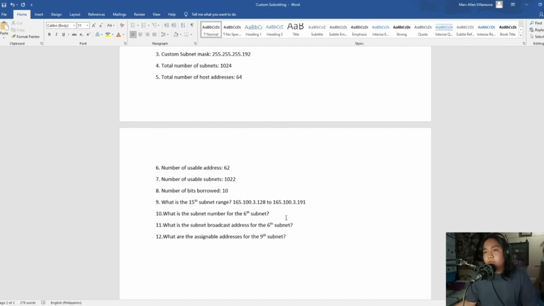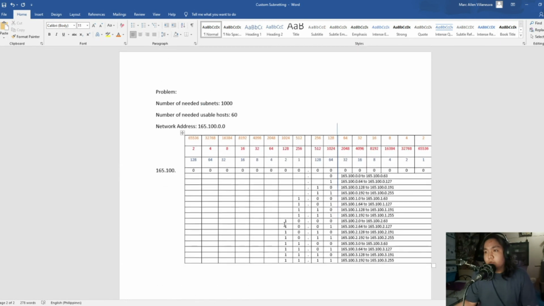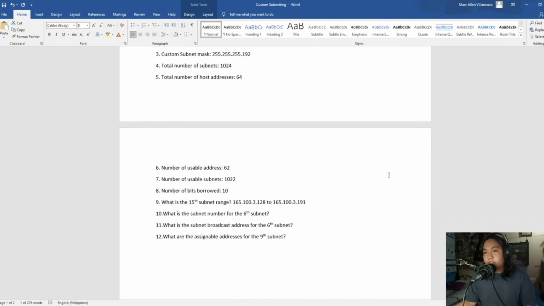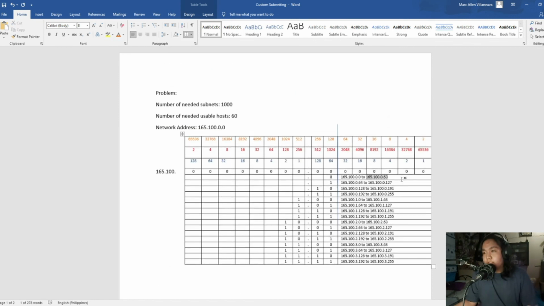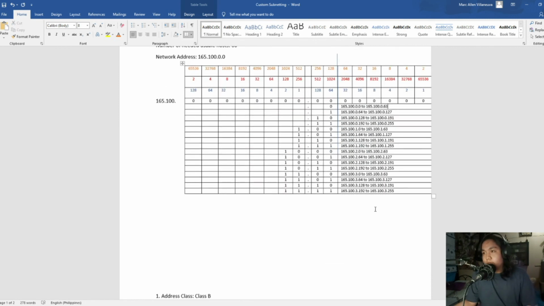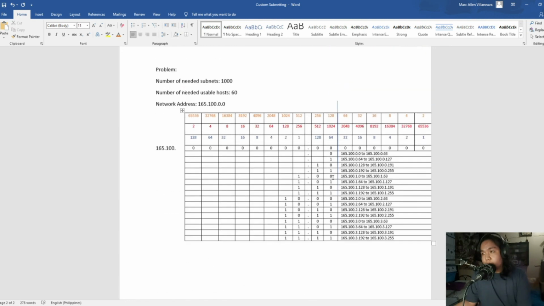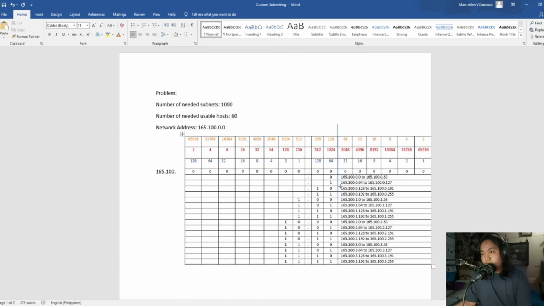Here is the next question: what is the subnet number for the 6th subnet? By the way, I forgot to tell you that this first one we call the subnets, and the second one is the broadcast address. Since in question number 10 they're only asking for the subnet, we're going to look for it. 1, 2, 3, 4, 5, 6.